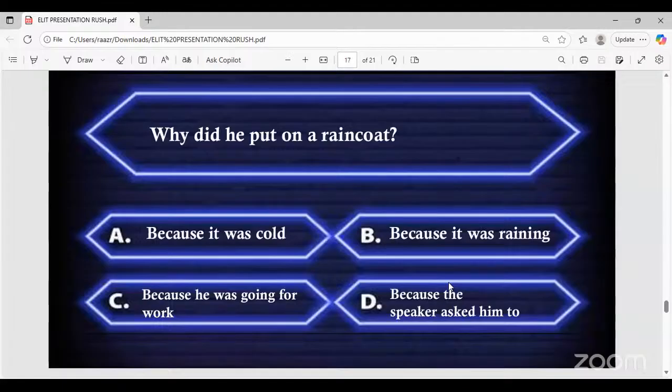Why did he put on a raincoat? Yeah, B is the answer, correct answer, because it was raining.